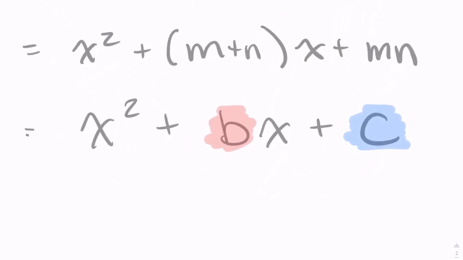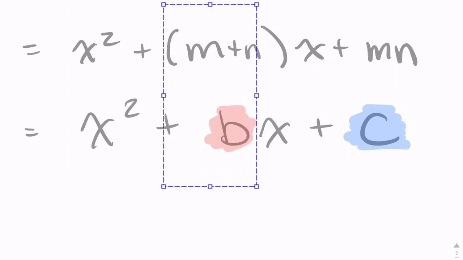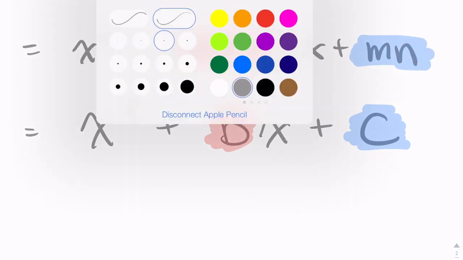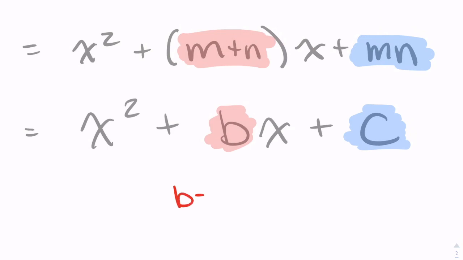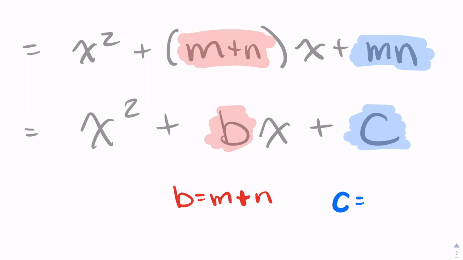It's still a trinomial. We have x squared plus something times x plus something else. So that means we have to find two numbers that add up to b and two numbers that multiply to c. So here we know that b equals m plus n, and we know that c equals m times n.